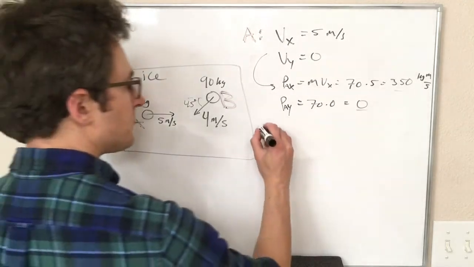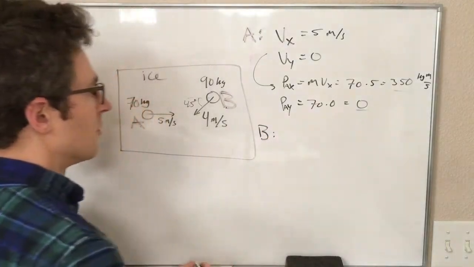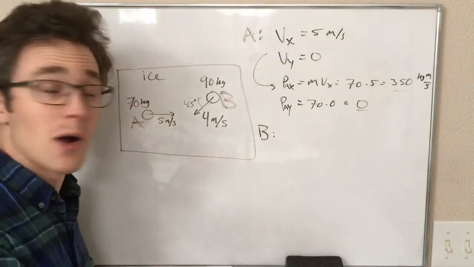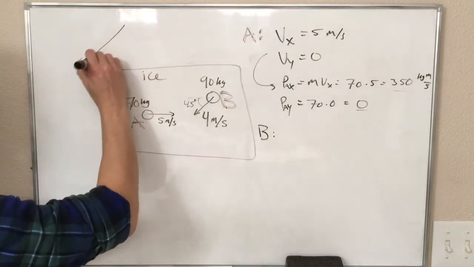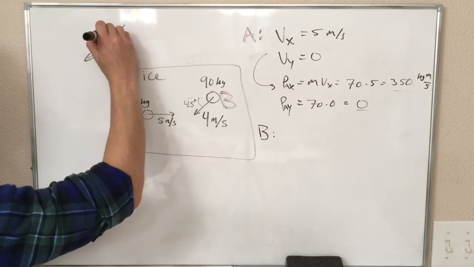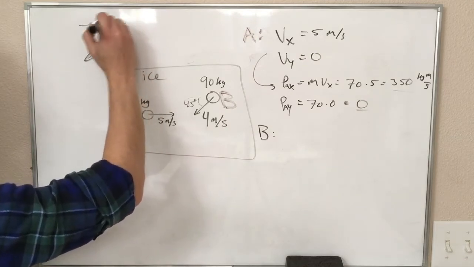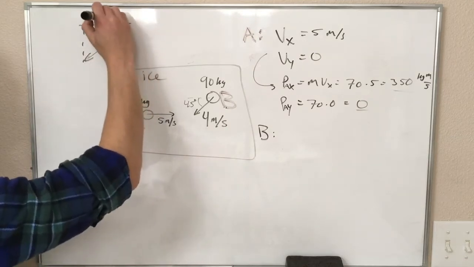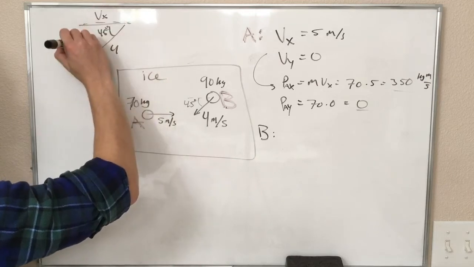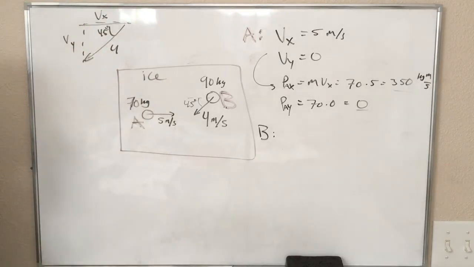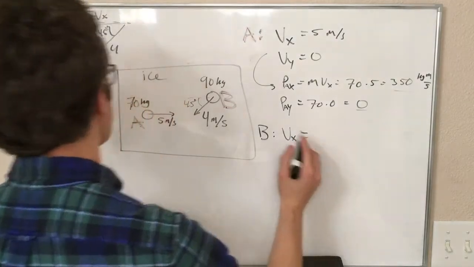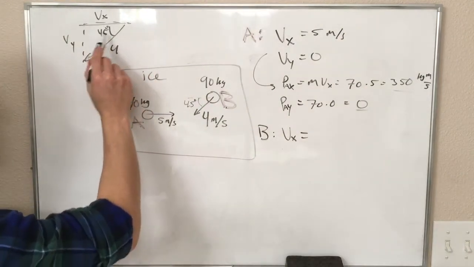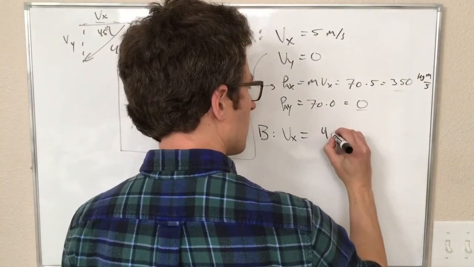Person B, we have their velocity components. Well, we can figure out what their velocity components are, right? So their velocity vector is like this, 45 degrees. So our two components look like this. Those are going to be the cosine and sine of 45 degrees times 4. So Vx is going to be equal to, that's adjacent, so that's 4 times the cosine of 45.